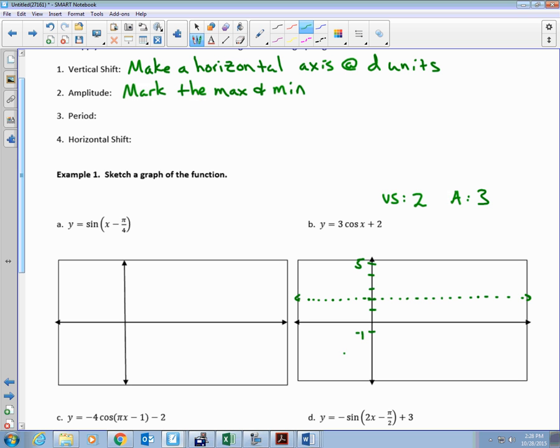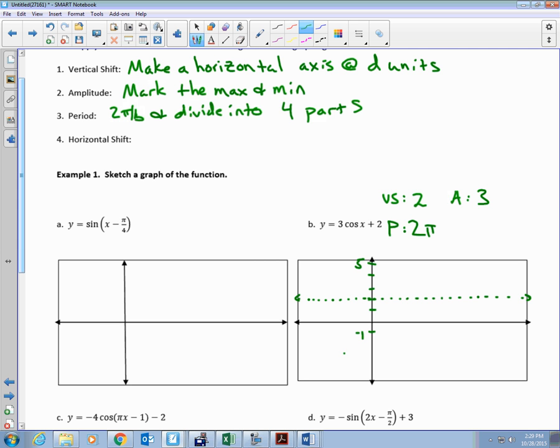Okay, the period, 2 pi over b, and divide into 4 parts. What's the number in front of x? 1. So what's the period going to be? 2 pi.